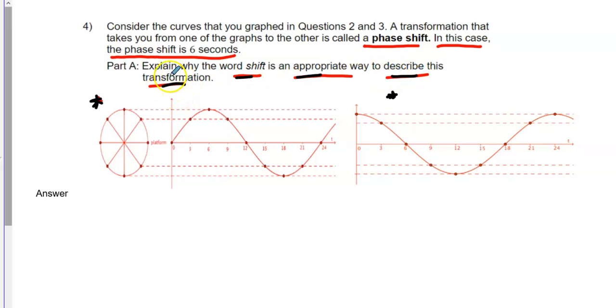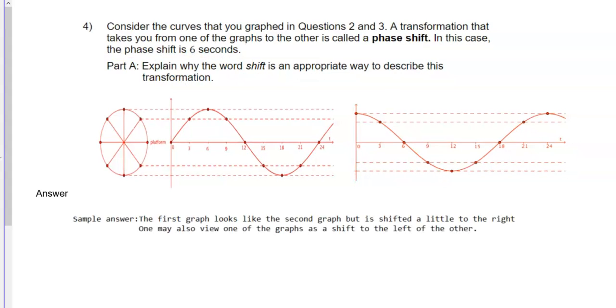Pause the video, think of an answer, try your hands at it, and we will discuss it together. Remember that what we want to do is to explain why the word shift is appropriate. If you look at the first graph, we are starting from here. And the second graph, that is where we are starting.